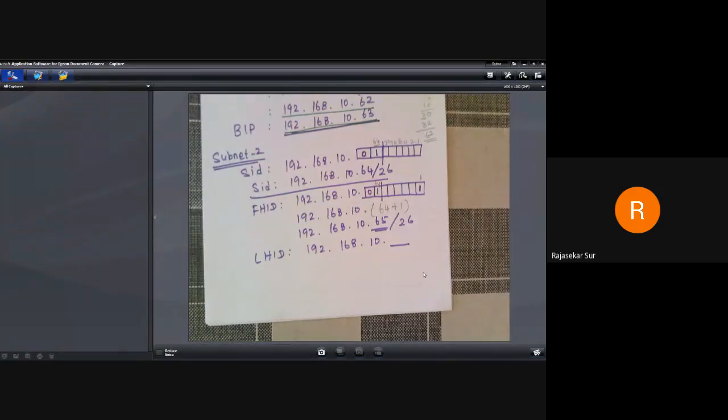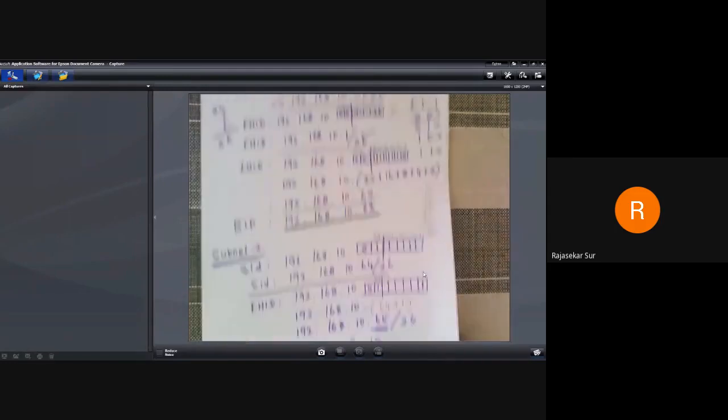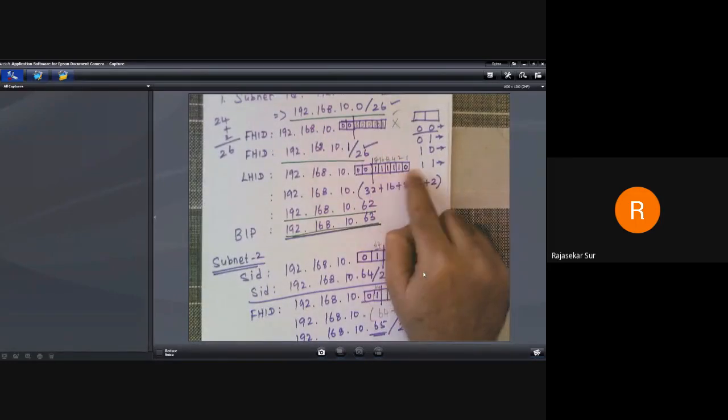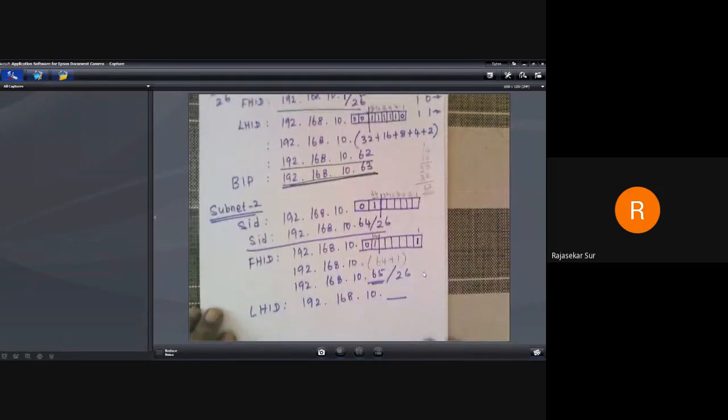What will be the answer for the last host ID? Please do the calculation. What is the formula for the last host? You can find it above. For the last host, we have to make everything 1 in the host part and the last bit should be 0. Apply the same thing and give me the answer. Anybody?